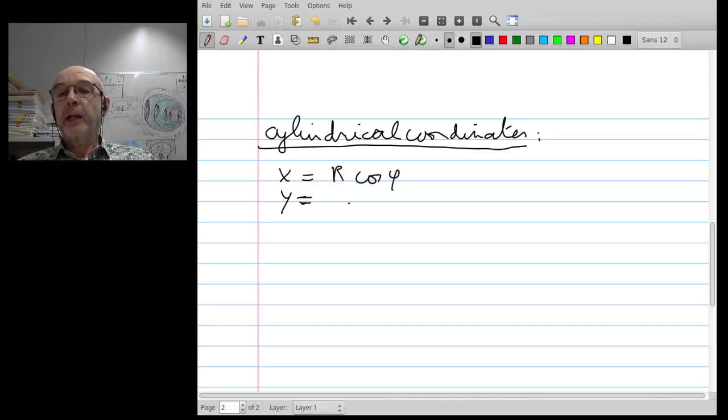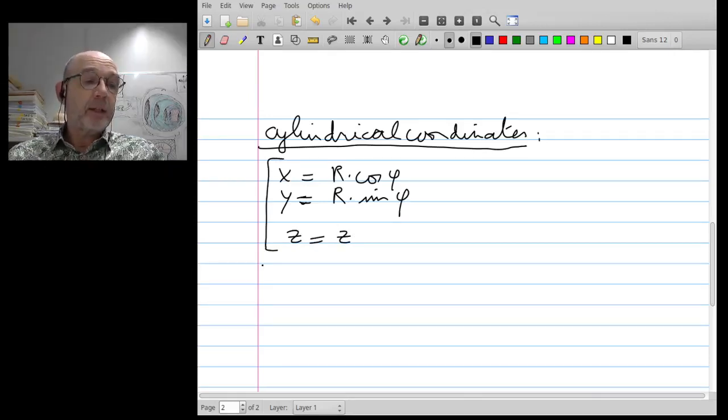For instance, in the xy plane, x is r times the cosine of phi, y is r times the sine of phi, and then your z variable does not change. You keep z equal to z, and then you have the cylindrical coordinates.